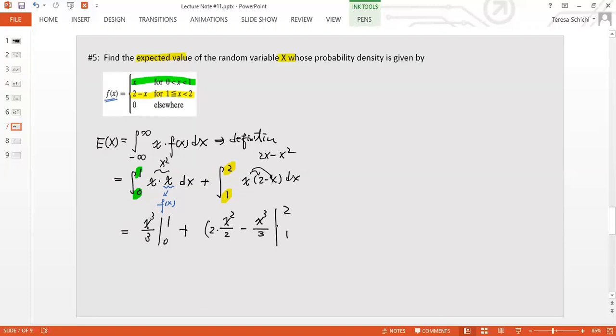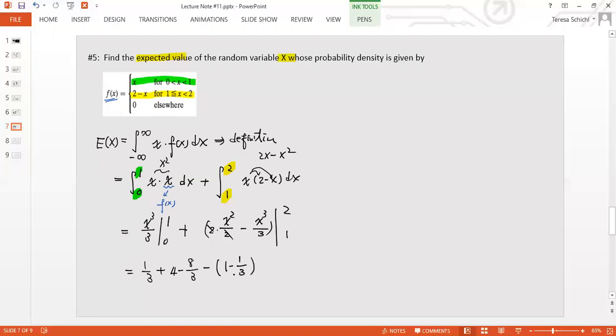Now the 2 and this 2 cancel here. So you just substitute, and what I did here is 1/3, and then plus 4 minus 8/3, and then minus 1 minus 1/3.